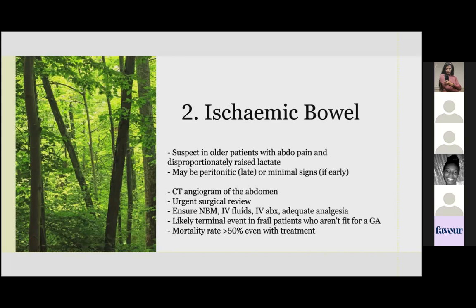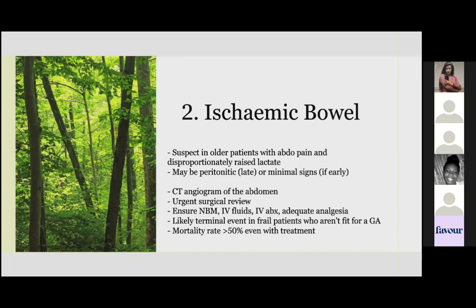This should be suspected in older patients with abdominal pain, and they almost always have a disproportionately raised lactate. So when there's anaerobic metabolism in the body, one of the byproducts is lactate. And this ischemic bowel also makes the patient systemically unwell. So not just in the bowel, but also in their peripheries.